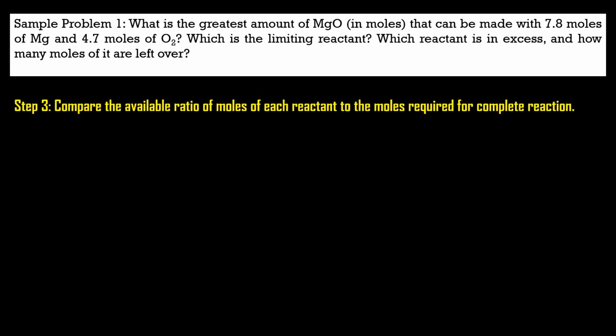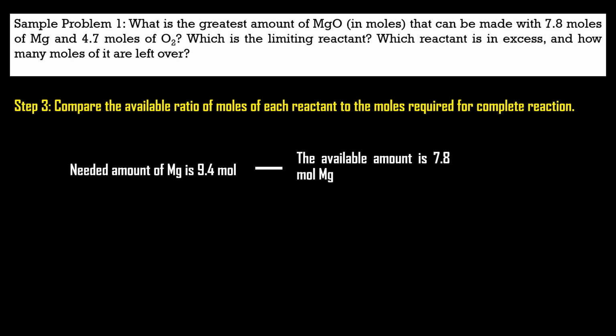So for our third step, we need to compare the available ratio of moles of each reactant to the moles required for complete reaction. And take note, in this step, we will now be identifying the limiting and the excess reactant. Based from our solution in step number 2, we actually need 9.4 moles of magnesium to completely consume oxygen gas in the reaction.